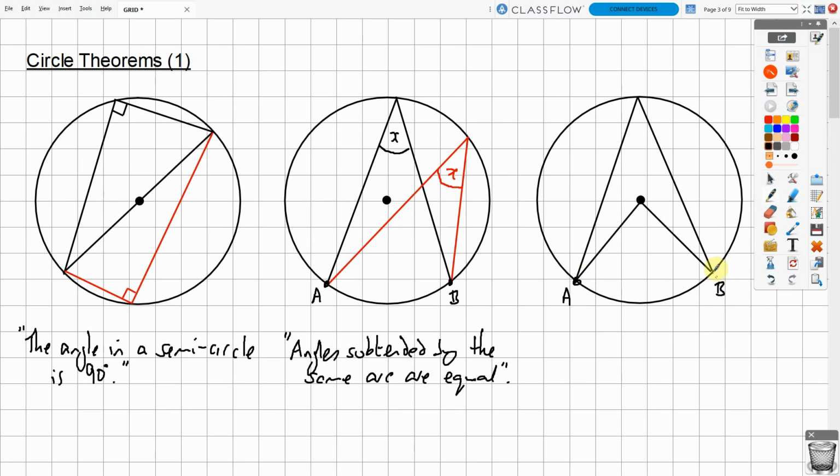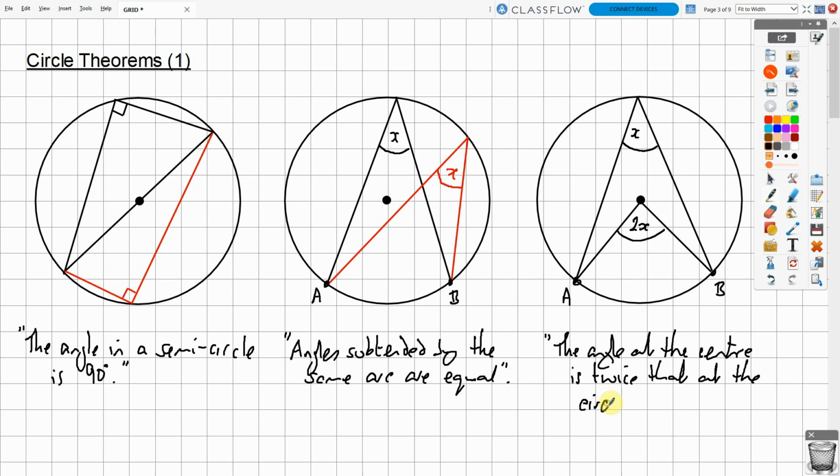Now, again, if this angle is x, this rule states that this angle is exactly twice as big. And the rule says the angle at the centre is twice that at the circumference.